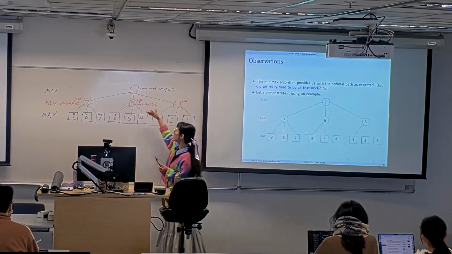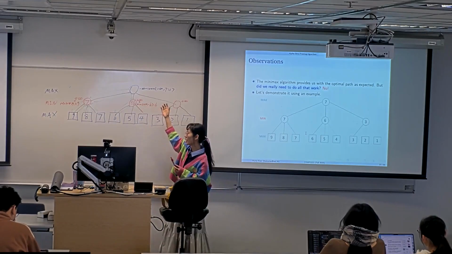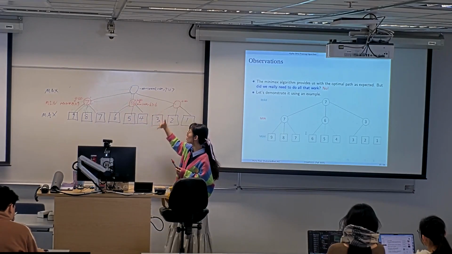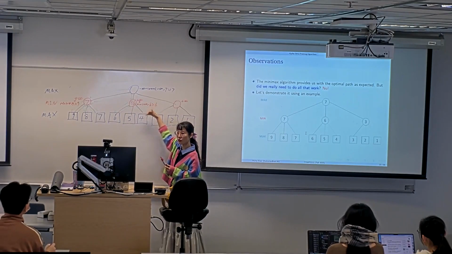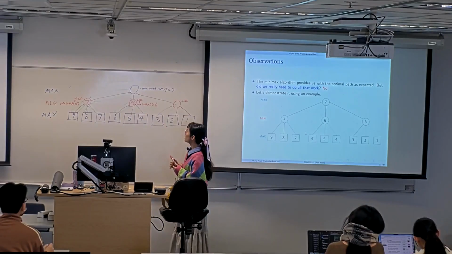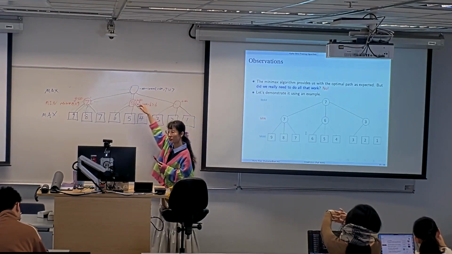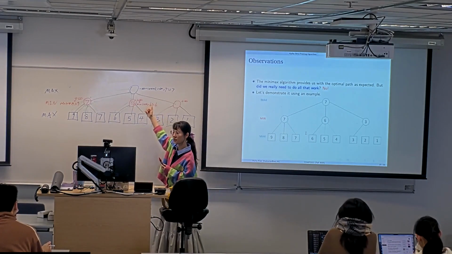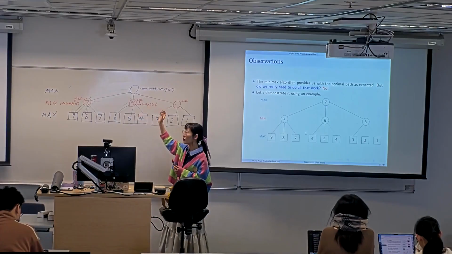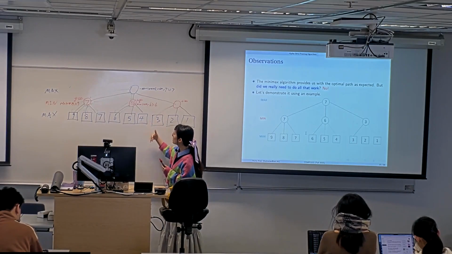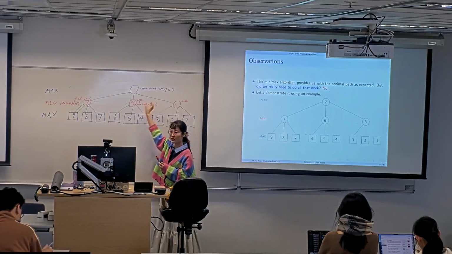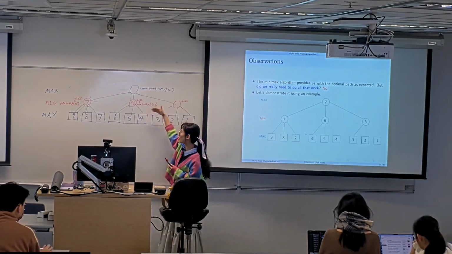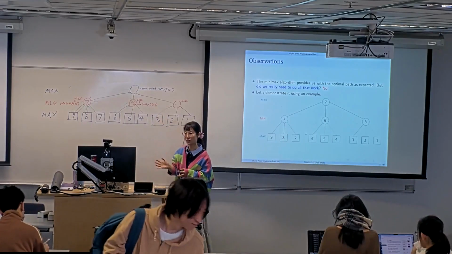Since this is a min node, even though we haven't seen the values for all of its children, at least we have one value for one of its children. So later on, if this min node receives some smaller value, it will get updated to smaller than 6. If all of the other children have values larger than 6, then this min node will remain at the value 6, because it's a min node. It will definitely select the minimum value from all of its children.